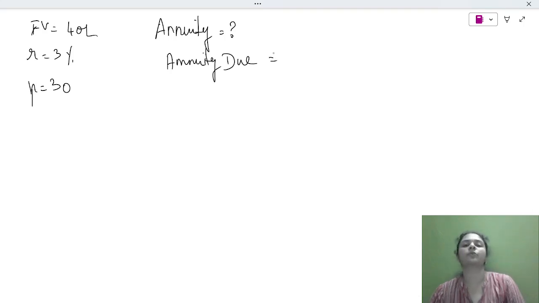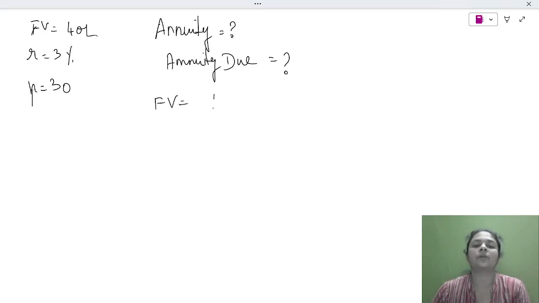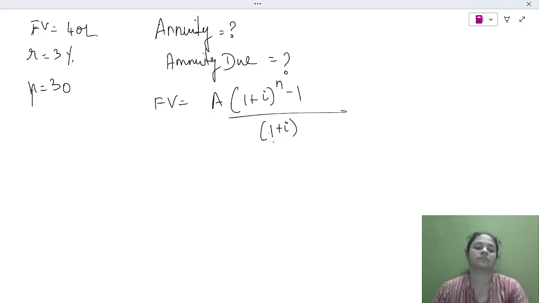So we are going to do annuity due, we are going to find out future value is given. So PVAF is not needed. Future value formula we can use. Future value is equal to A into 1 plus I the whole power n minus 1 divided by I.